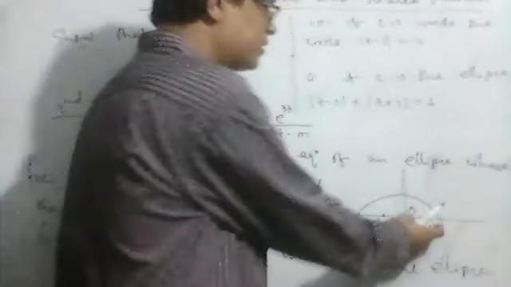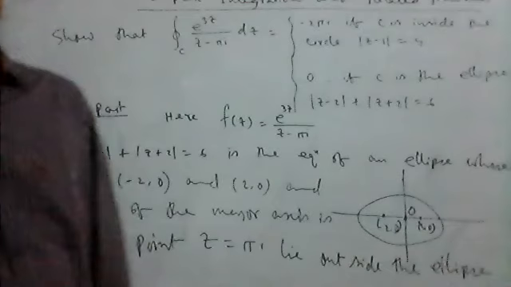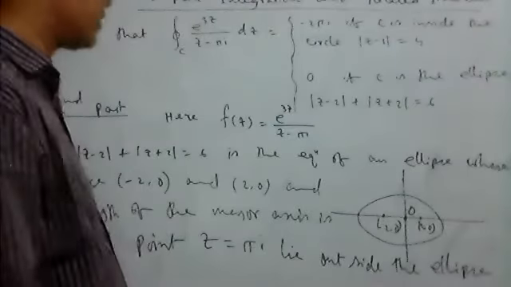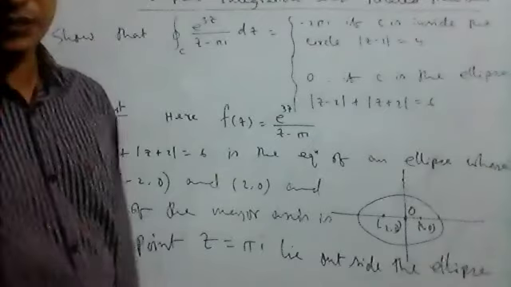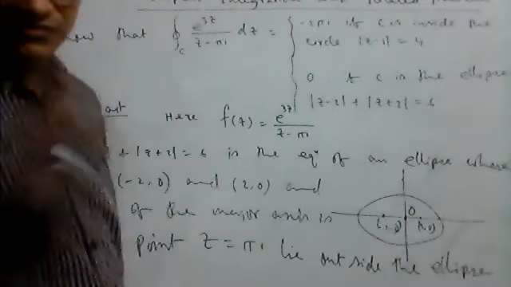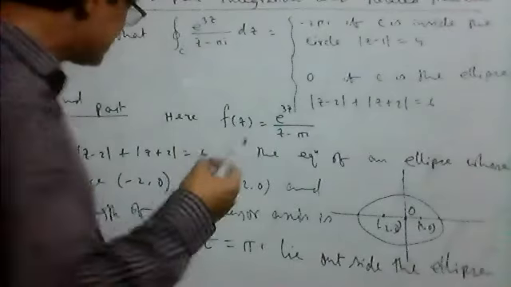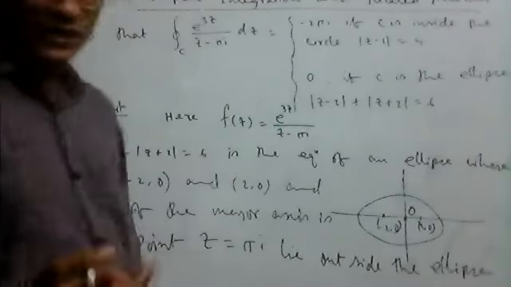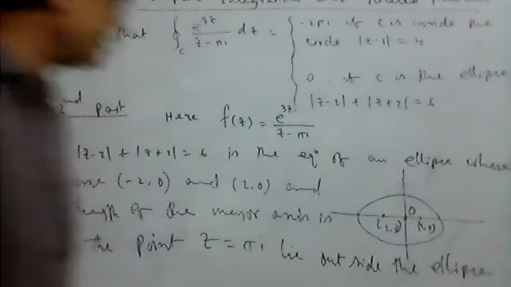This portion represents half of the length of the major axis, which is 3. Our given point is z is equal to pi I, so 3.1416 something. So it is easily understandable that the point z is equal to pi I must lie outside the ellipse.